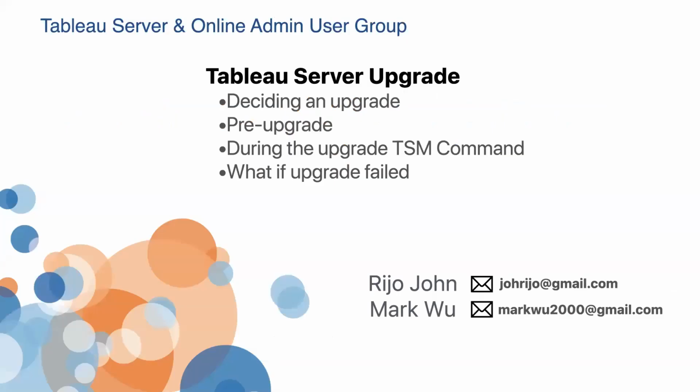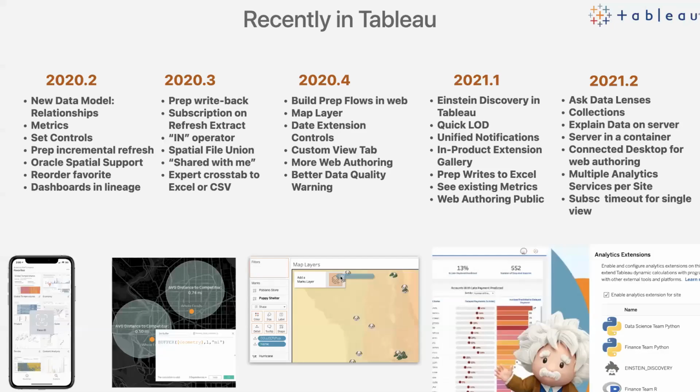Today's topic is around the Tableau Server upgrade. I love Tableau's pace of innovation. In every single quarter, I can always expect awesome new features to come out of Tableau releases.